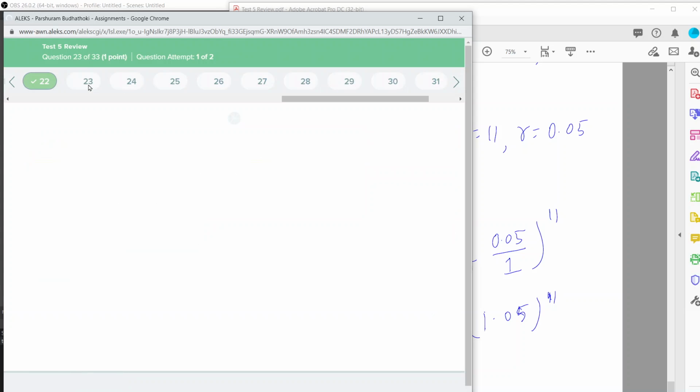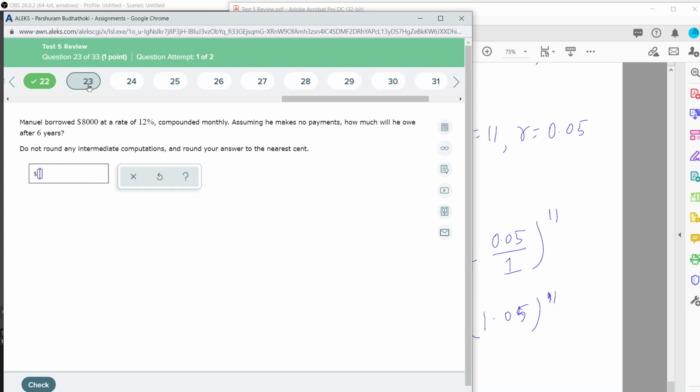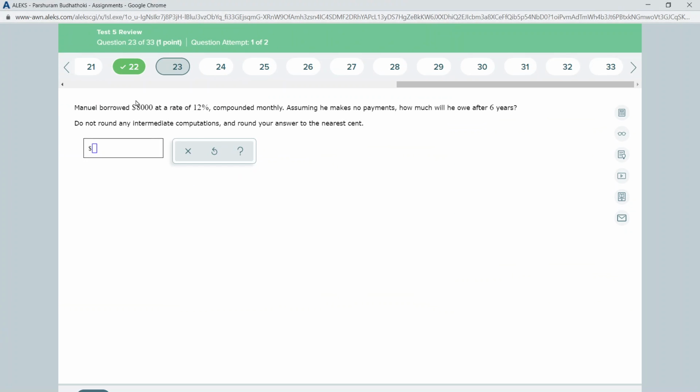Next problem, 23. So this is the word problem. You can read the problem and find the right formula. Manuel borrowed 8,000 at a rate of 12% compounded monthly. Assuming he makes no payments, how much will he owe after 6 years? Do not round any intermediate computation.